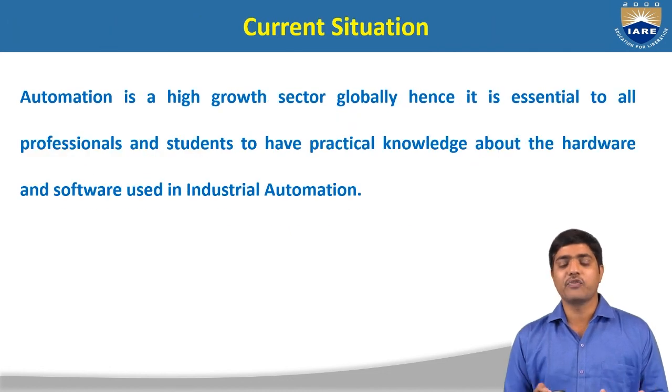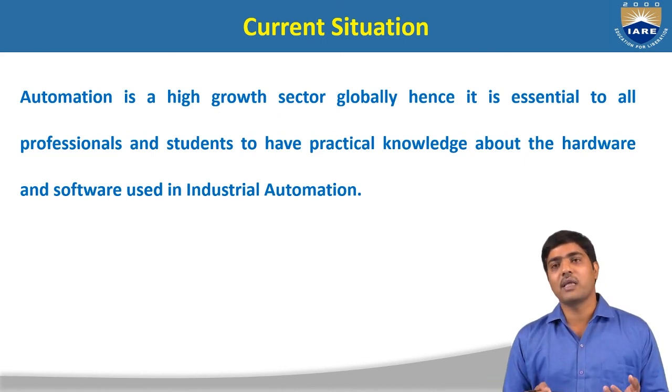What is the current situation in the automation sector? Automation is a high growth sector globally, hence it is essential for all professionals and students to have practical knowledge about the hardware and software used in industrial automation.